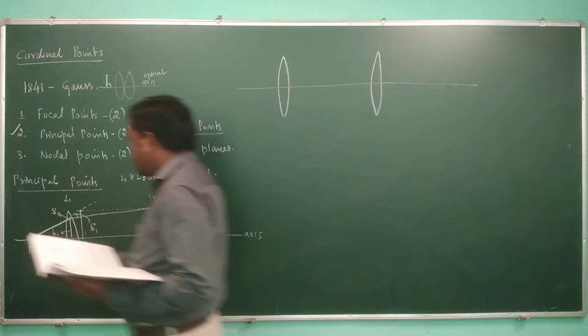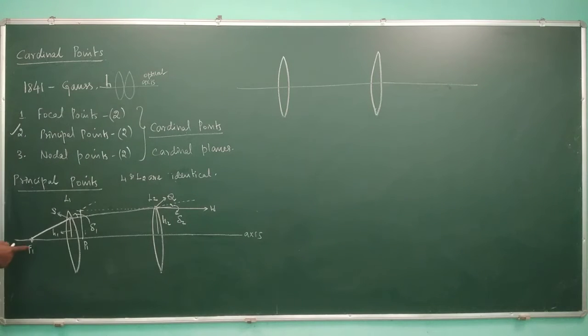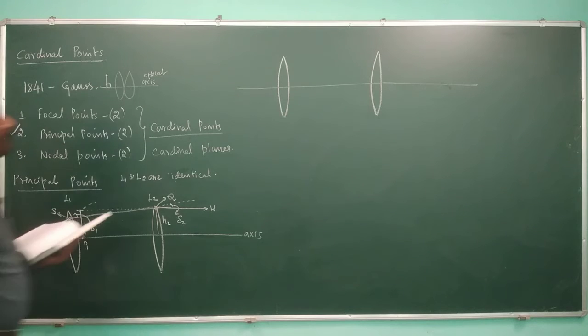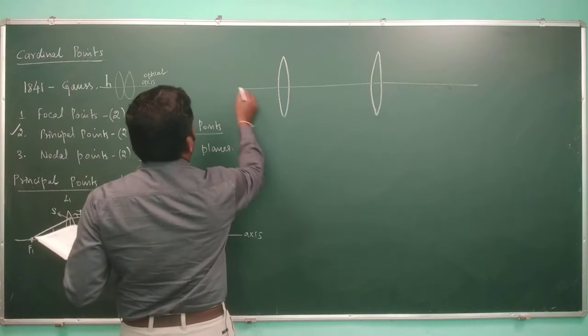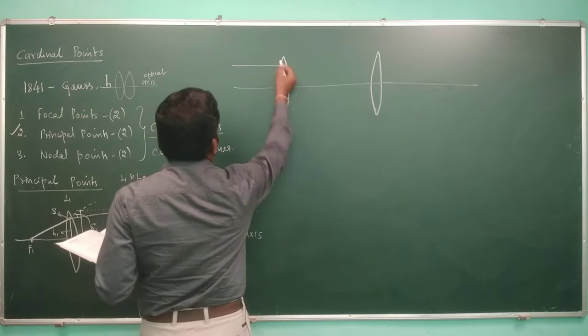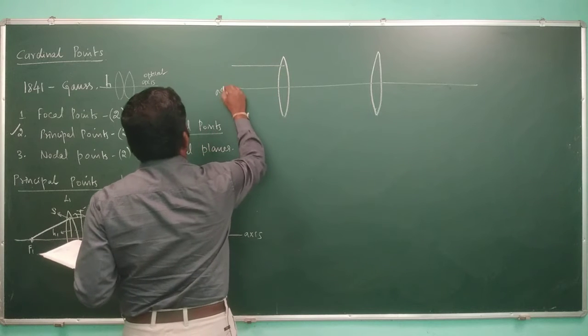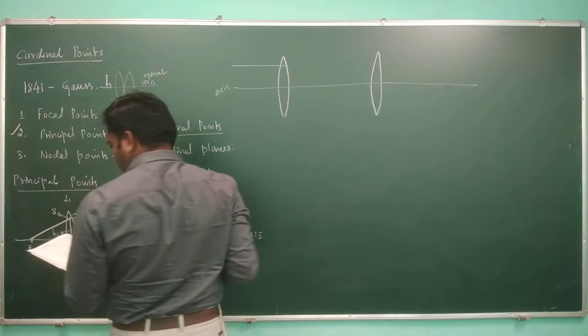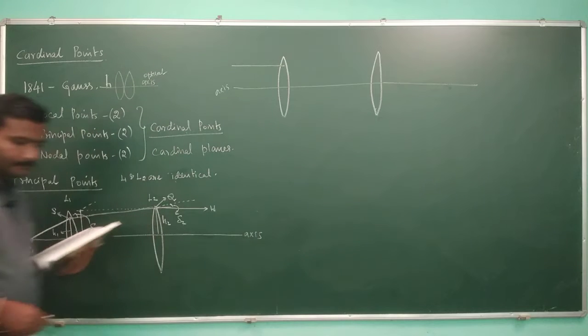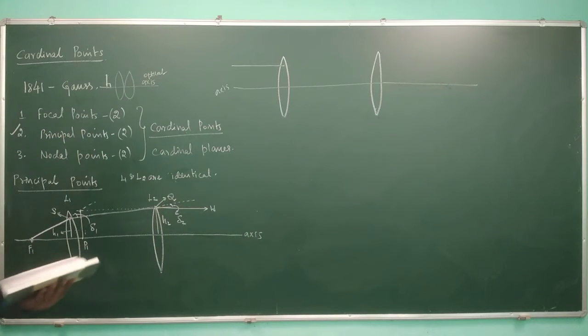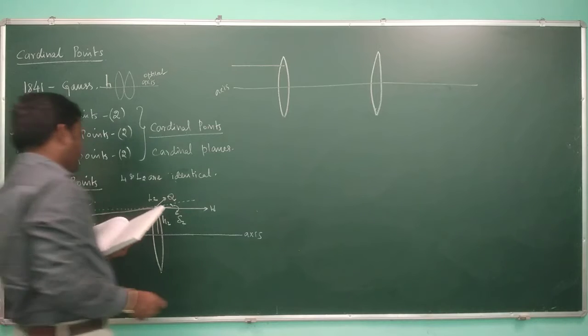Here we have assumed the light ray originates from focal point 1. Instead, we assume the light ray travels parallel to the optical axis.